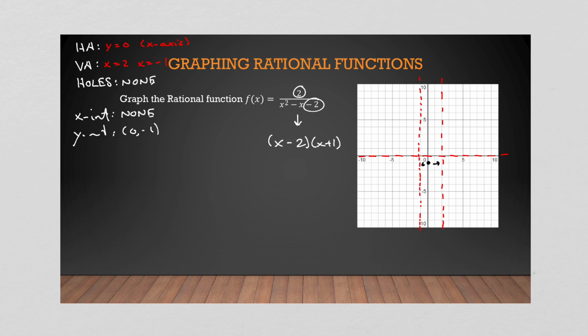So we just need to test the behavior as we approach that way and that way. And from the notes, you'll see that I've tried different values. I've tried negative 0.9 for my x because that's approaching my vertical asymptote from one side. And then I've also tried negative 1.1. So the negative 1.1 approaches this asymptote from here, and the negative 0.9 approaches it from that side. And what I get from behavior there is this behavior.